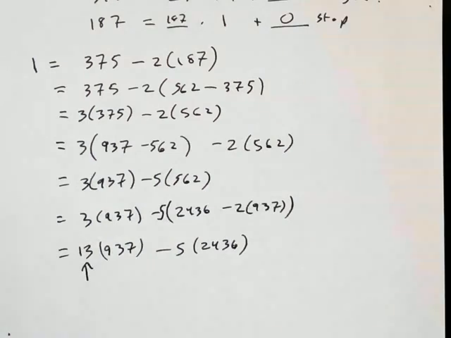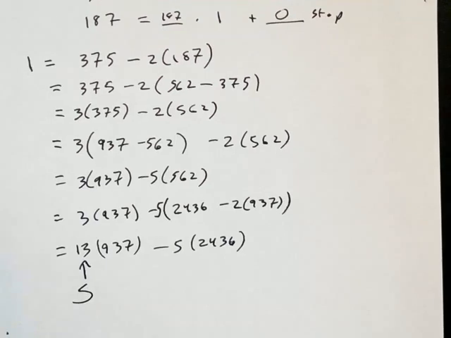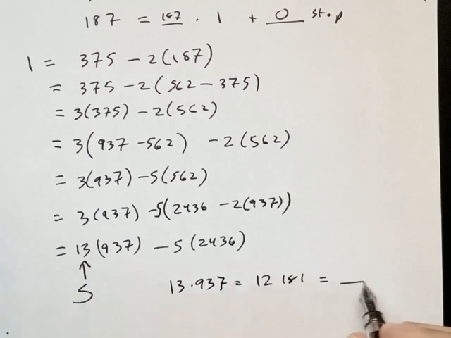Again, grab your calculators. What's 13 times 937? 12,181. That's something times 2436 plus something.